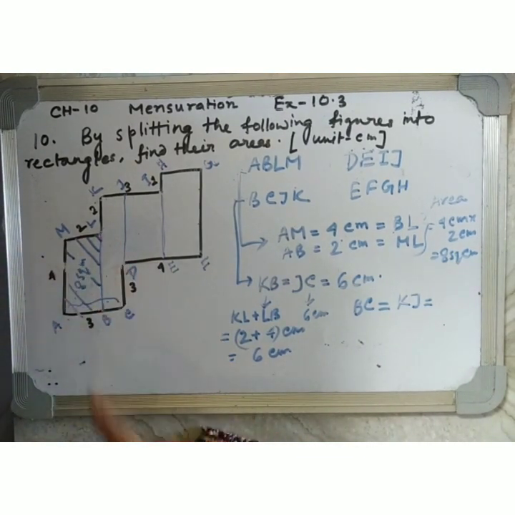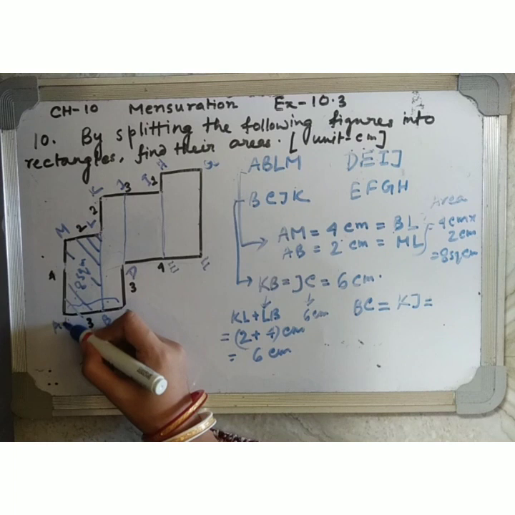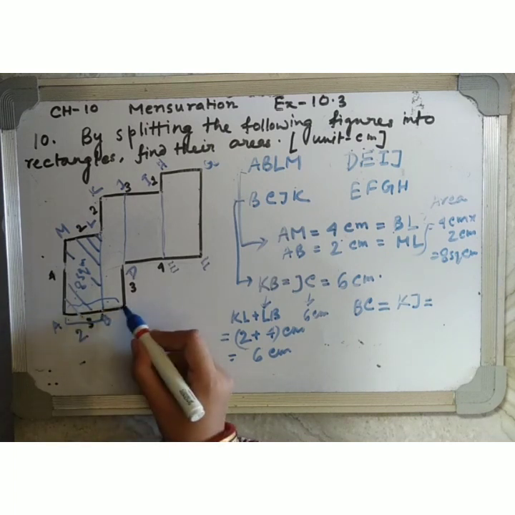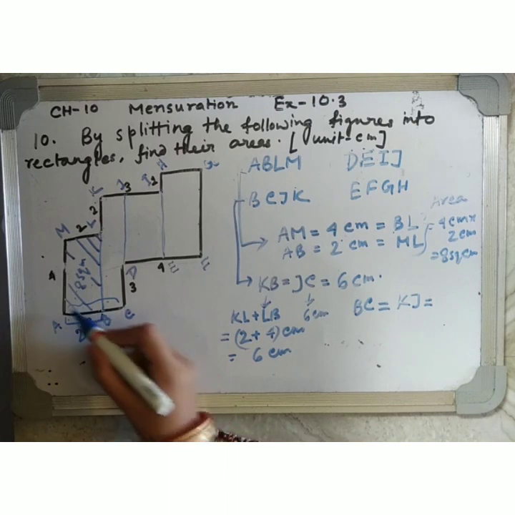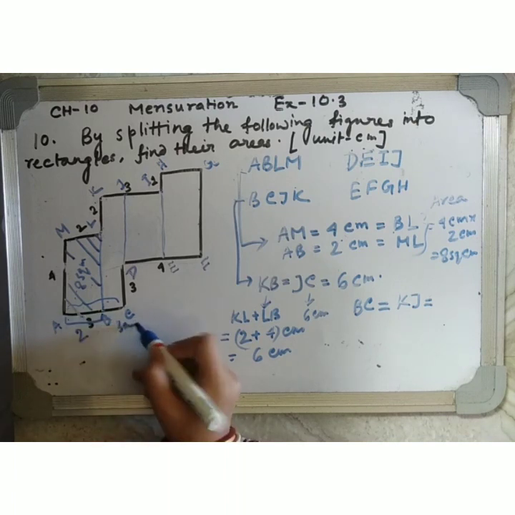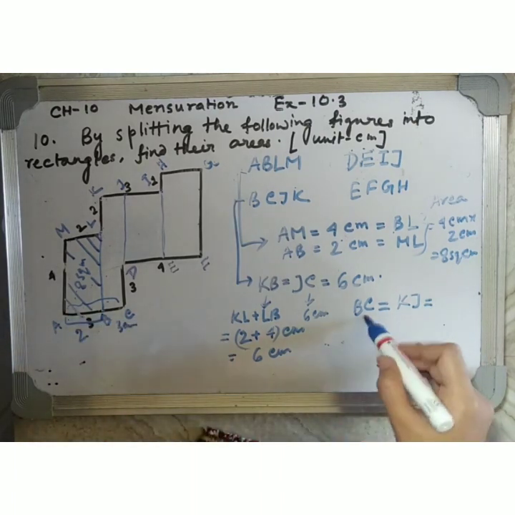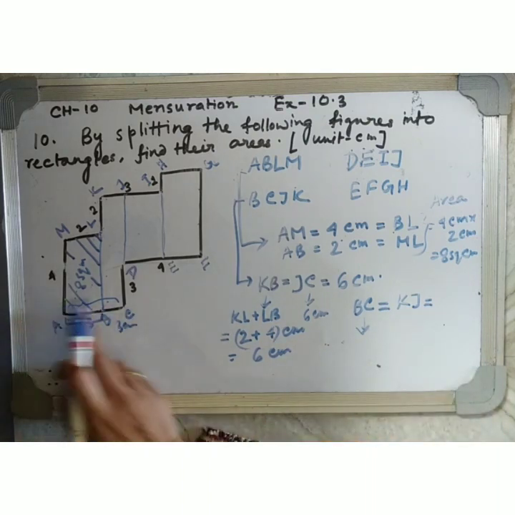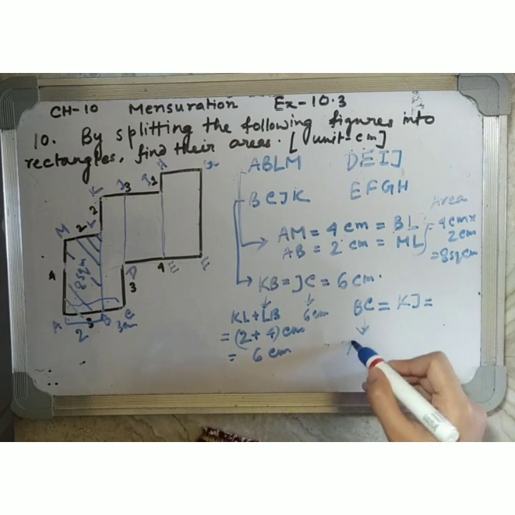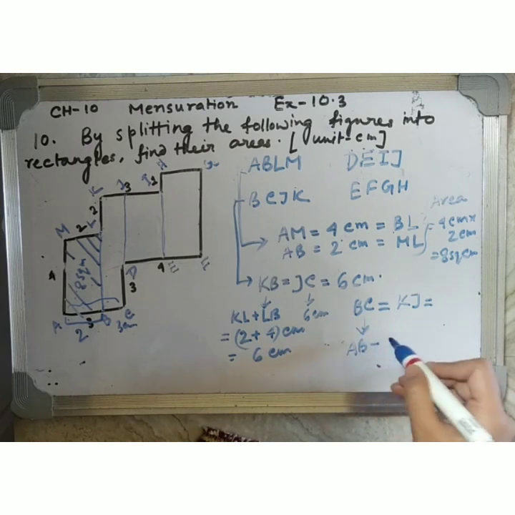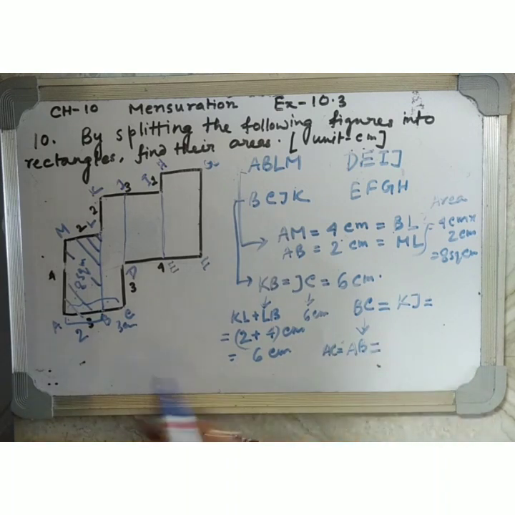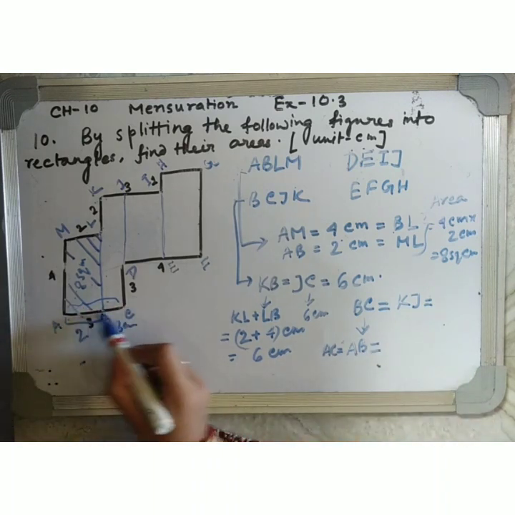ML and AB have the same length, so this part AB will be 2 centimeter and AC is completely 3 centimeter. So in case of BC, how can we find it? If we subtract AB from AC, then we will get it, AC is 3 centimeter and AB is 2 centimeter.